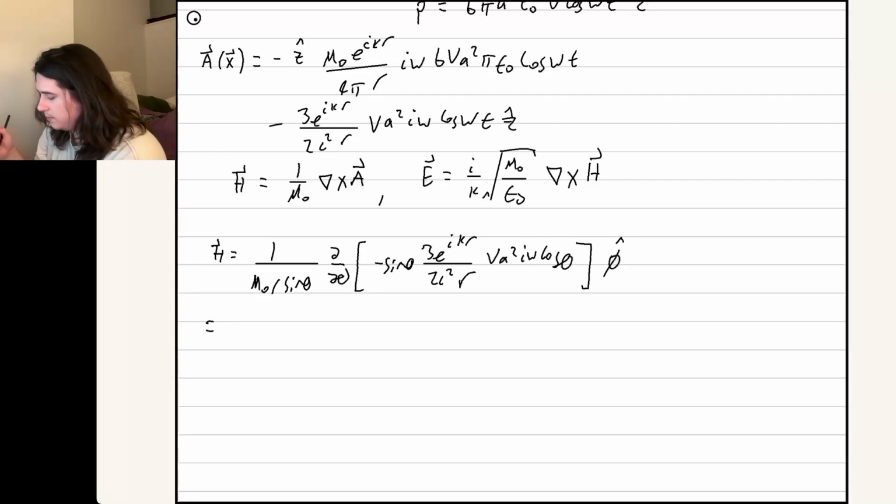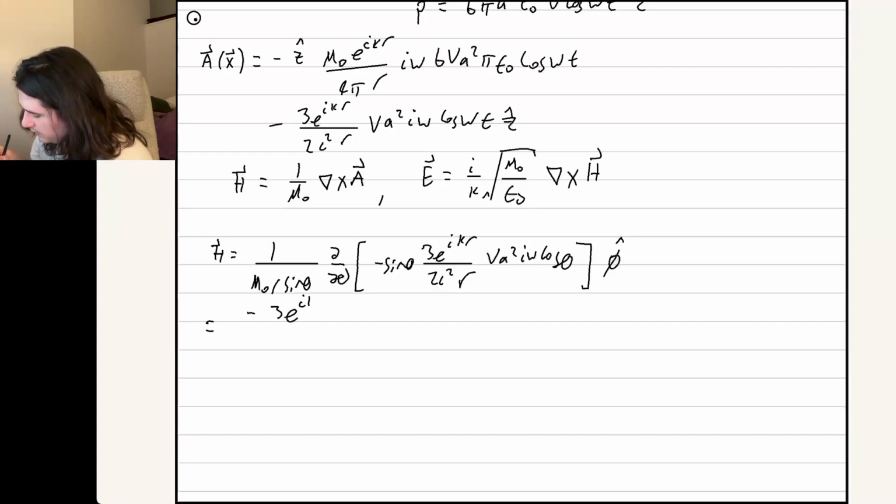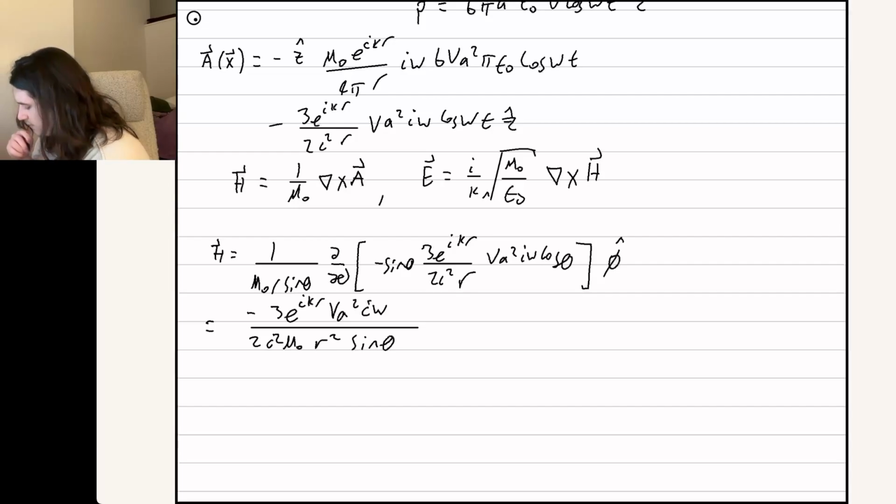So moving the prefactors out, you'll have minus 3e^(ikr), you'll have va squared, you'll have i omega, you'll have 2c squared mu naught r squared sine theta, right?